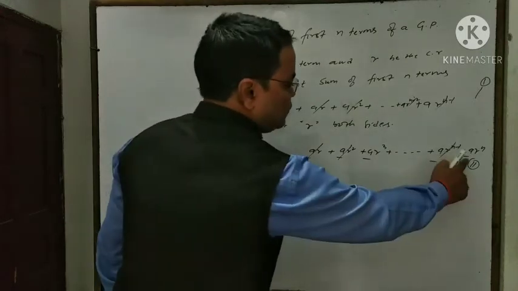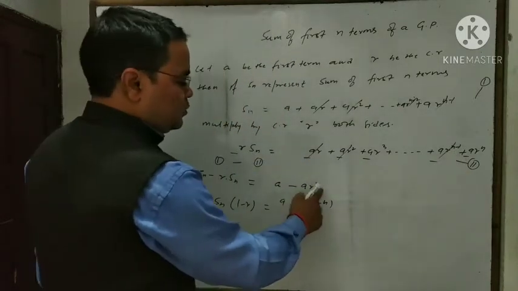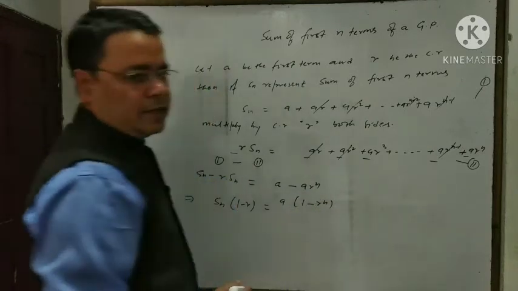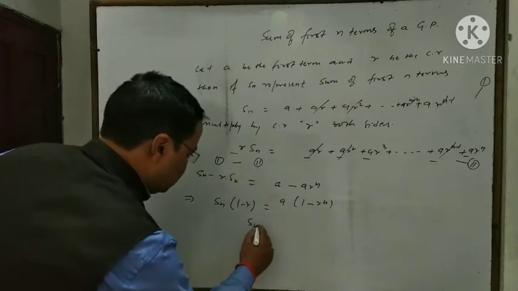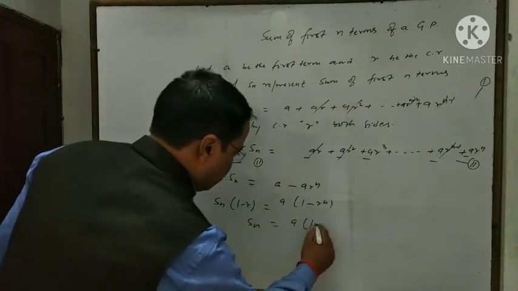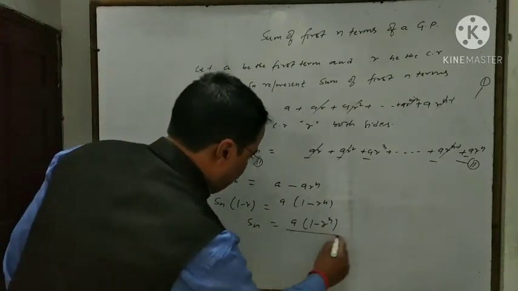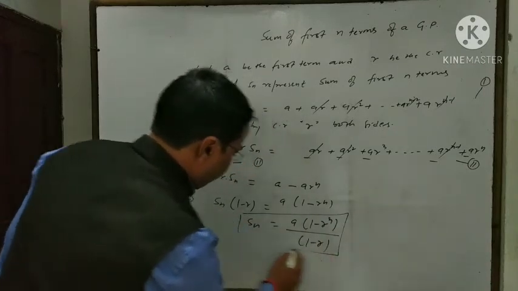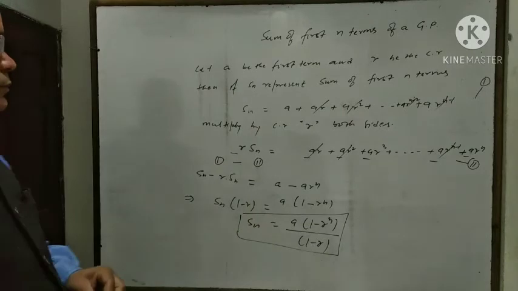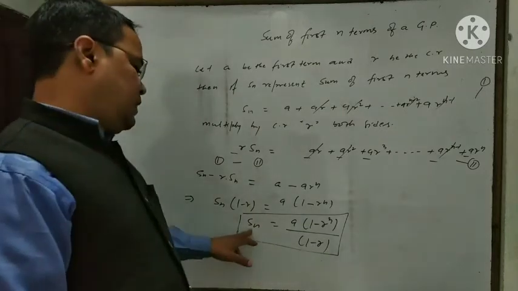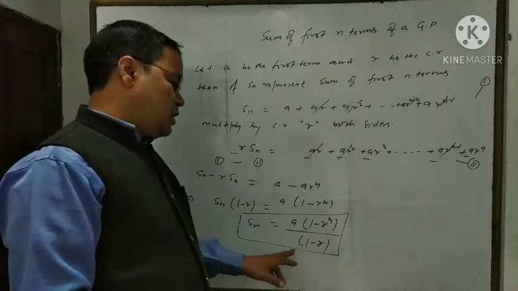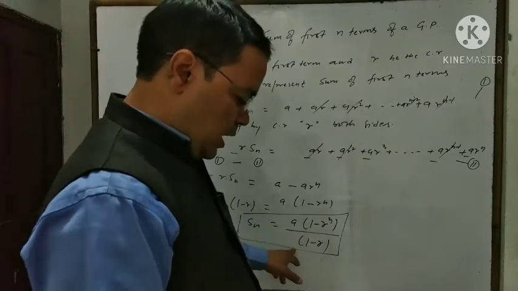Here in the place of plus we have minus: a minus ar to the power n, a into 1 minus r to the power n. It will be correct. Then Sn is equal to a times 1 minus r to the power n, over 1 minus r. In this way we can find the sum of the first n terms: Sn is equal to a within bracket 1 minus r to the power n upon 1 minus r.